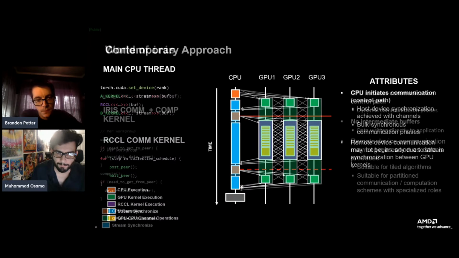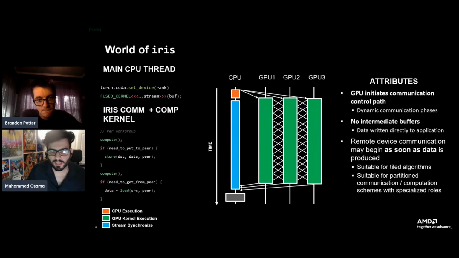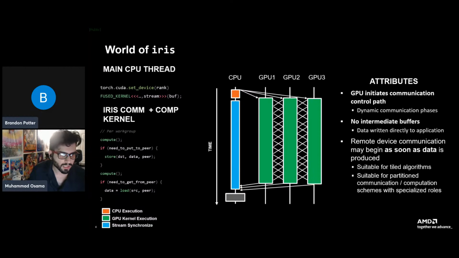Within Iris, the code looks like this small snippet on the left-hand side, where you're really within a kernel. You're doing some compute at a workgroup or thread block level granularity. If you need to do multi-GPU communication after that compute, it really is a simple store or load.